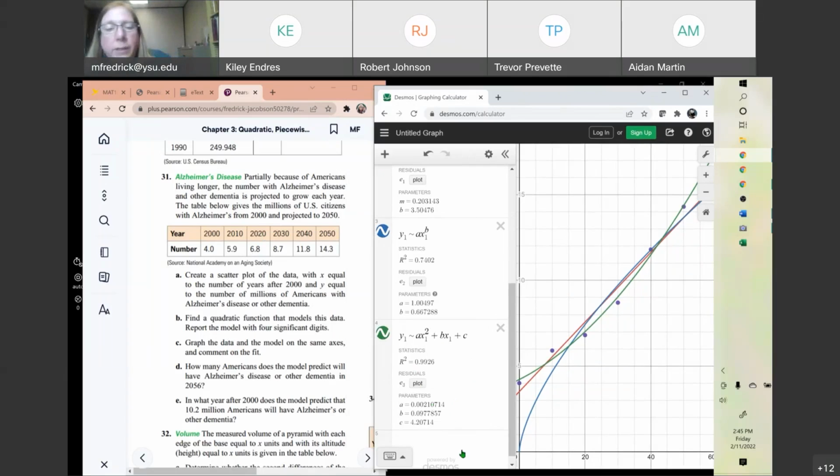So ax squared plus 0.098 x plus 4.0207. I went 3 decimal places. Oops, I didn't. I'll bring it up in a second. Is there any questions on getting it from here?